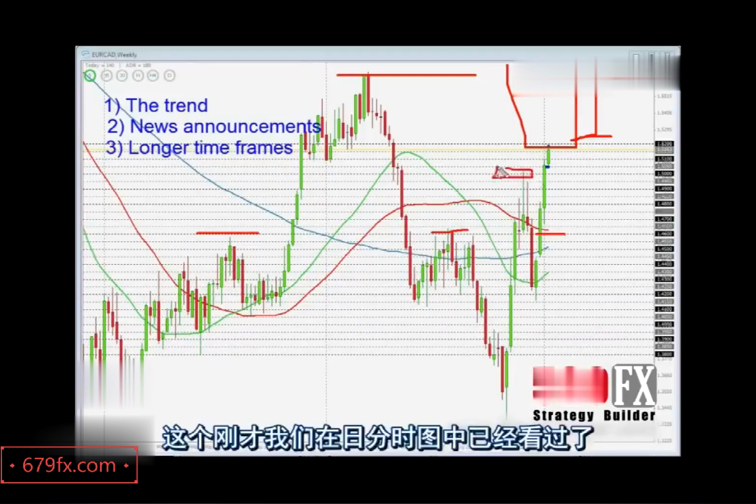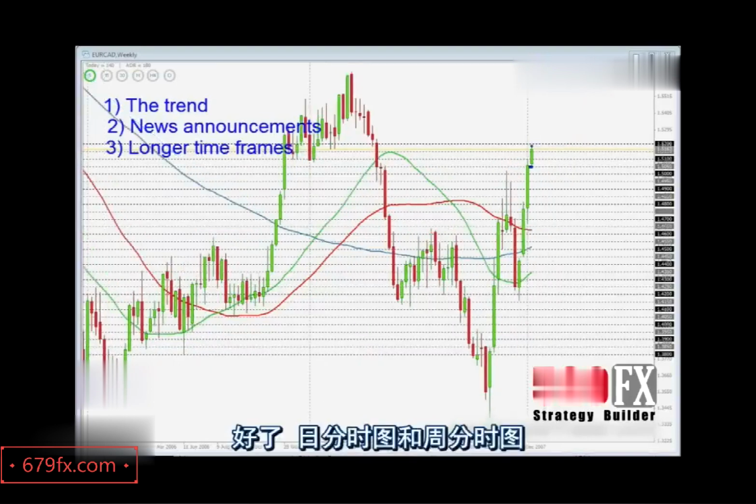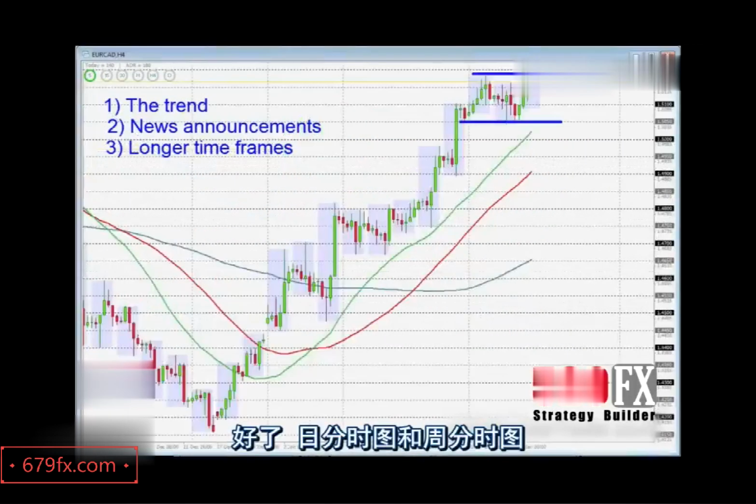This one, the one that I showed you on the daily chart, also got broken to the upside. So as far as the longer time frames, I see no conflicting signal. We have the green lights as far as the daily and the weekly chart goes.